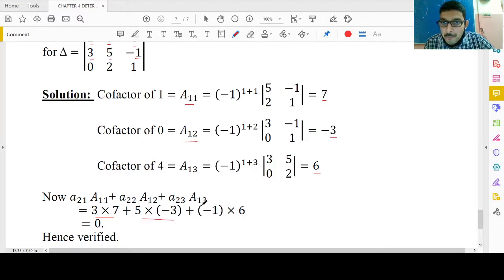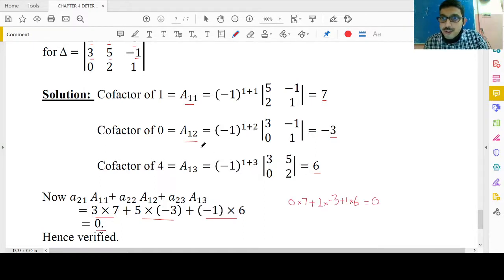Then minus 1, the third element here, is multiplied with cofactor of third element of first row, so that is minus 1 into 6. So it will become 21 minus 15 minus 6, that is 21 minus 21, it will come as 0.